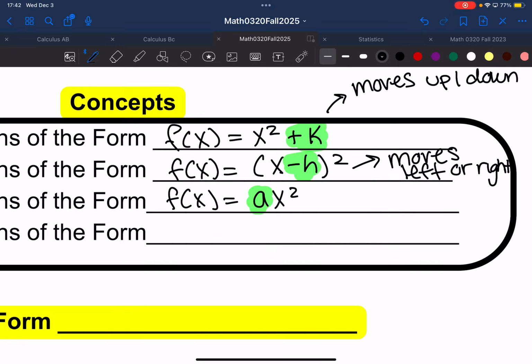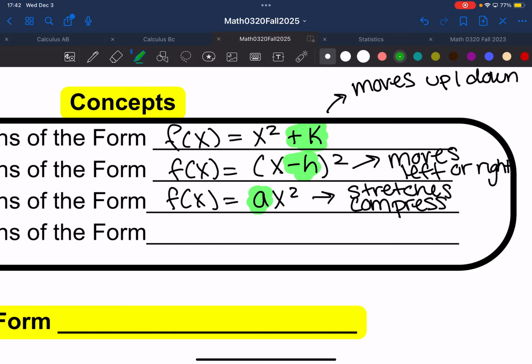What the a does is it either stretches it or compresses it. So whatever our a value, that coefficient in front, we're either going to stretch our x squared either horizontally or vertically.